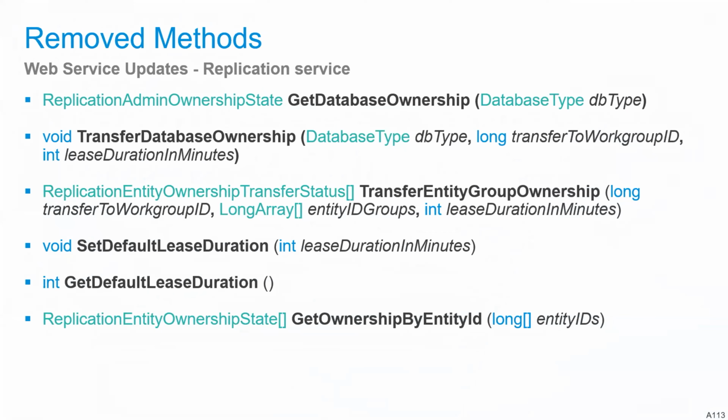In transactional replication, the subscribers are read-only, and data modification happens only on the publisher. As a result, we don't require any transfer of ownership of entities between the publisher and subscribers, and the following API methods pertaining to the ownership transfer in merge replication have been removed.